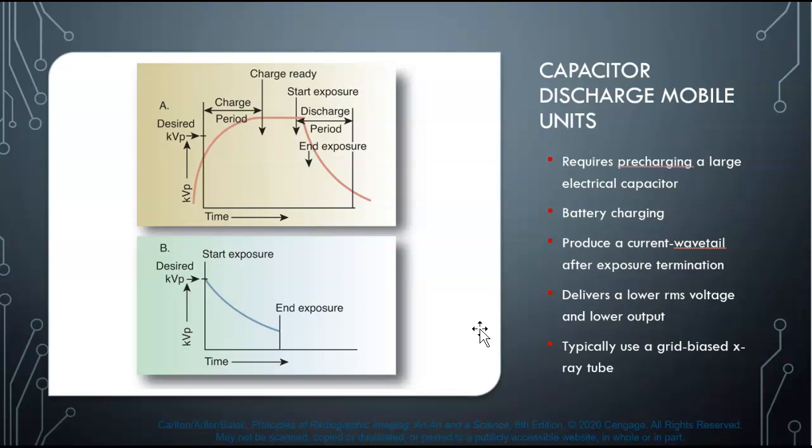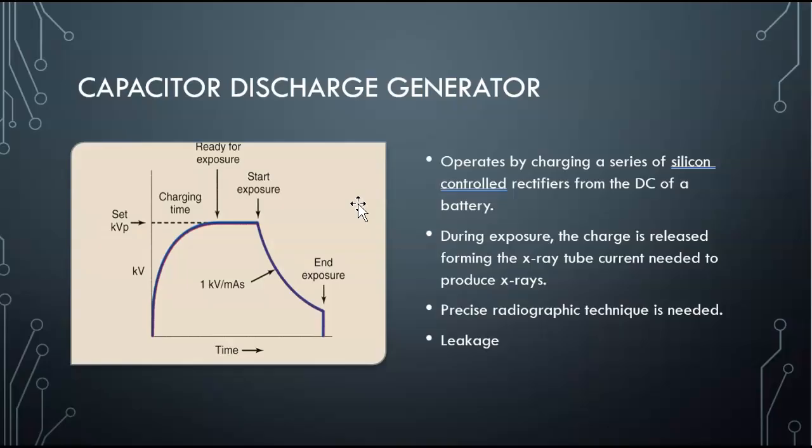This delivers a low RMS voltage and lower output. It typically uses a grid-based X-ray tube. As you can see here, we charge it up, we're ready, and then we start the exposure and then it falls here, okay? So this is a capacitor discharge unit. This is what this is called, and this is the graph that it looks like.